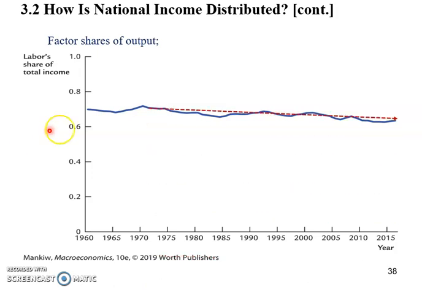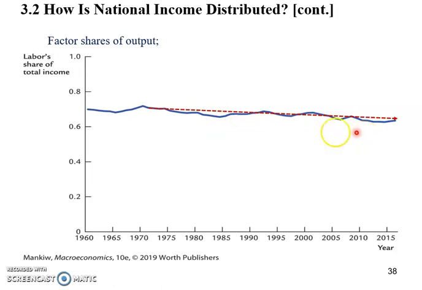Previously we said that the labor's share in total income has been stable, persistent. Roughly speaking, that is true. It fluctuates about 0.74, 0.75. However, if we look at the recent decades, we would be able to find a slight downward trend about the labor share in total income.